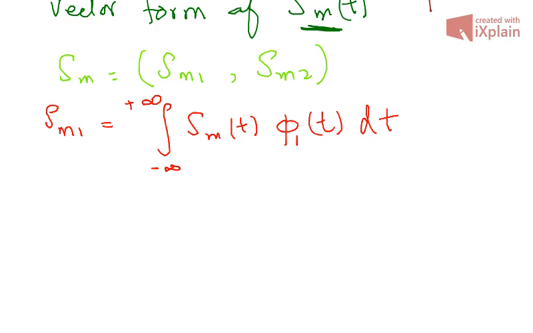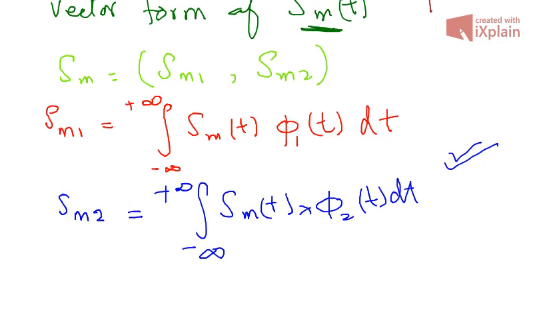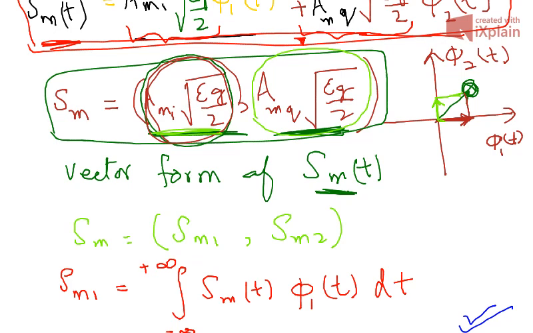For Sm2, which is the second image, it is Sm of t multiplied by phi 2 of t, integrated. I would suggest that you go and prove that your images are equal to these expressions.